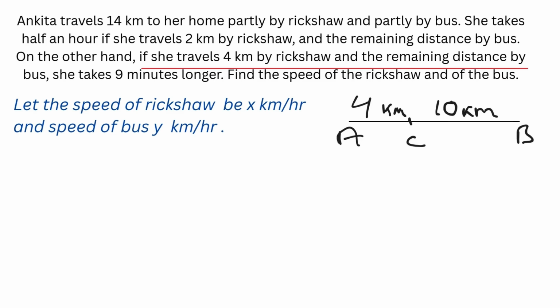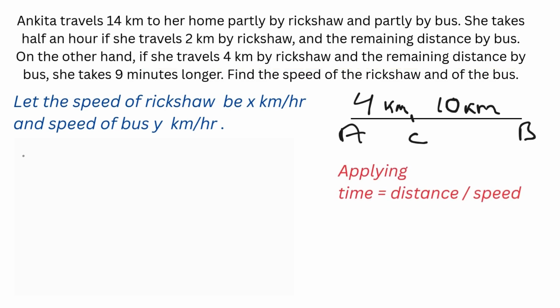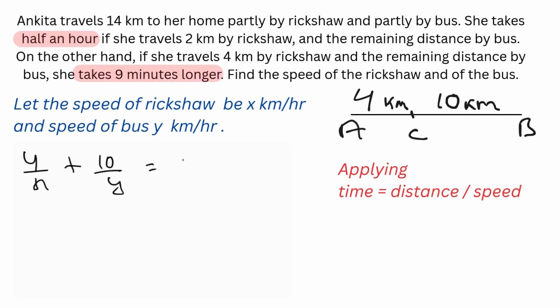Case 2, if she travels 4 km by rickshaw, then the remaining distance will be 14 minus 4, that is 10 km by bus. Similarly, we can say that 4 over x plus 10 over y equals 30 plus 9, that is 39 minutes, but in hours it should be 39 by 60.